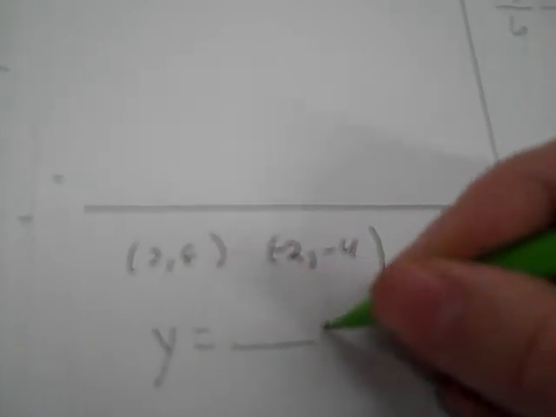Okay, my next problem. Y equals blank x plus blank. M, b, okay? Y minus y over x minus x, y equals m dot x plus b.